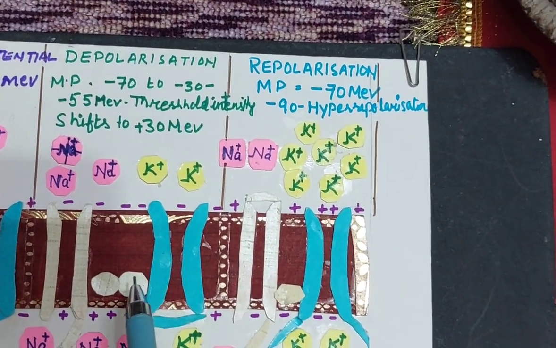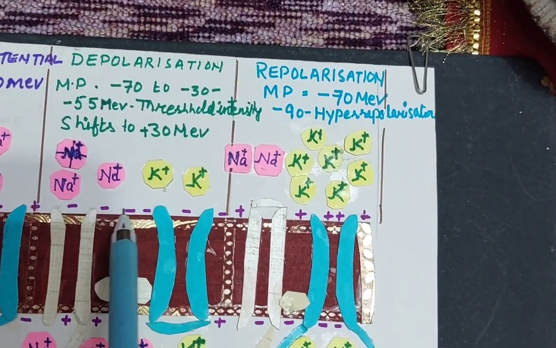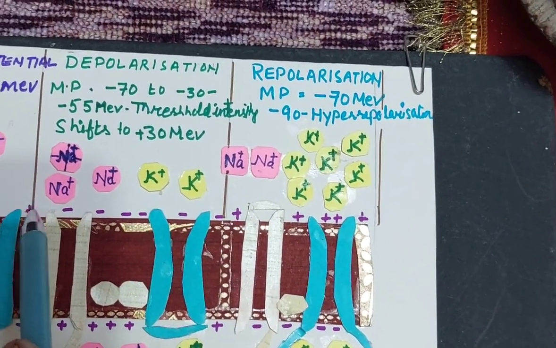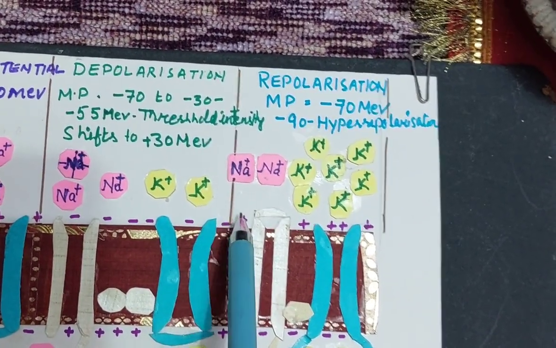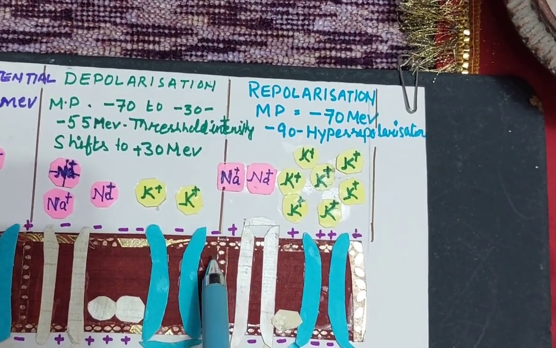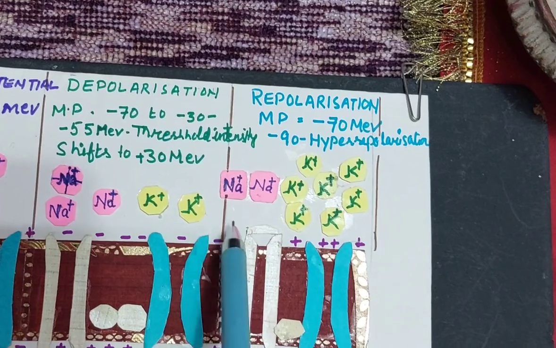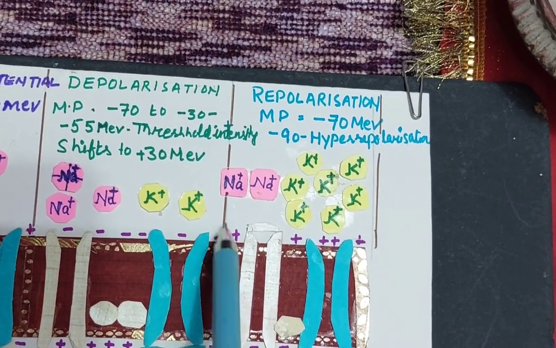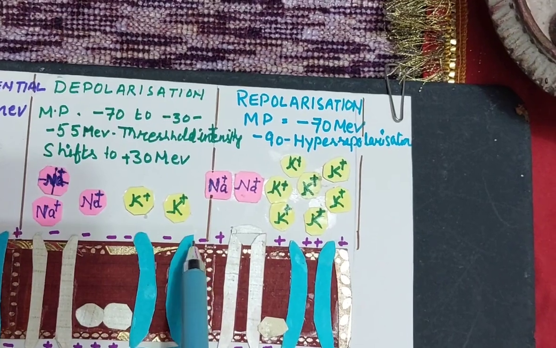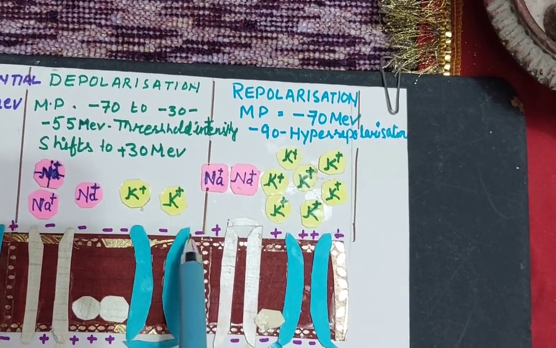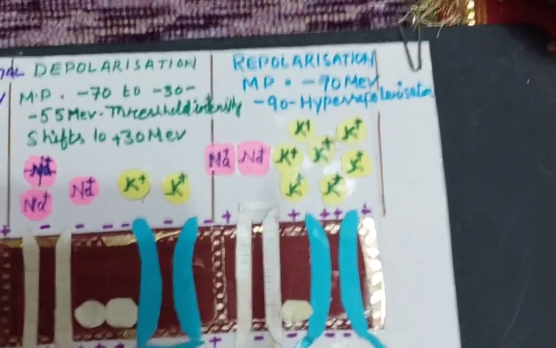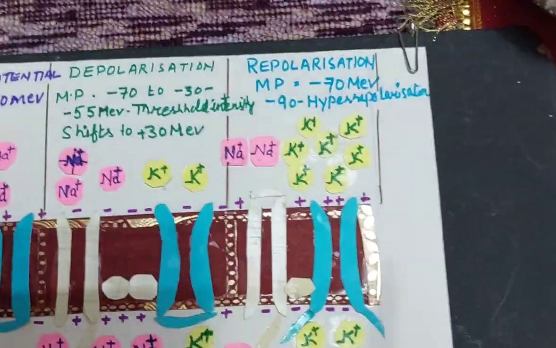Then what will happen? When the action potential is obtained, the polarity is changed. Here there is positive charge, negative charge, here positive charge, and here negative charge. So it will just complete the circuit, and this electrical disturbance now becomes the stimulus for conduction of the impulse. And what will happen further?